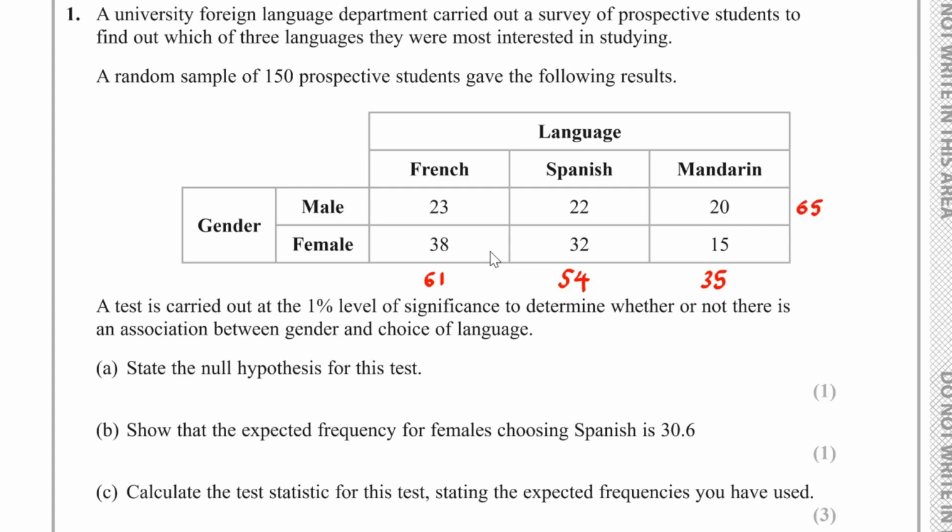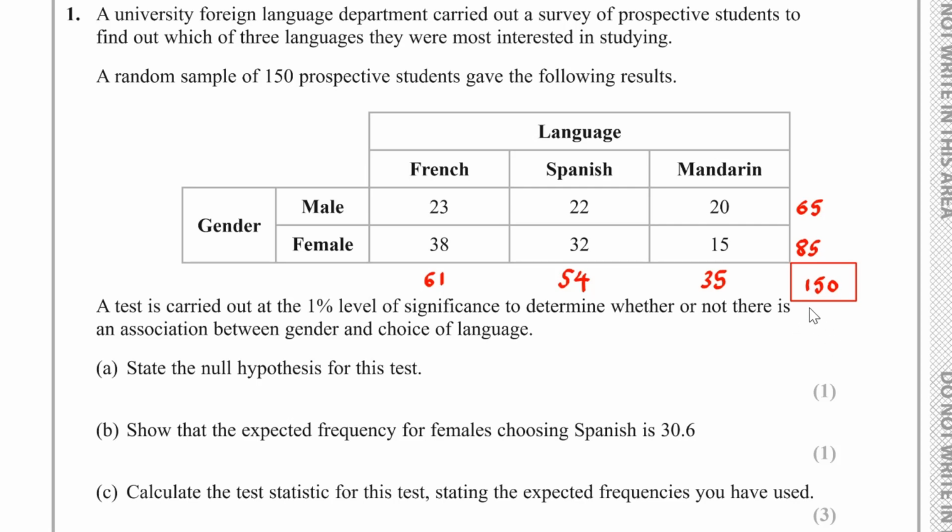And 38 plus 32 plus 15, that would be 85. And the grand total would be 65 plus 85, which is 150. So we have the grand total, which is 150. Let's just box it.